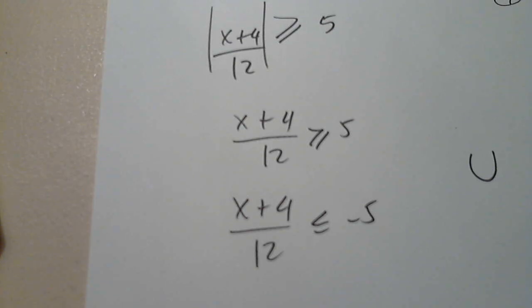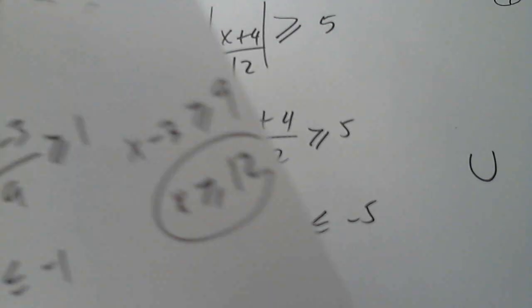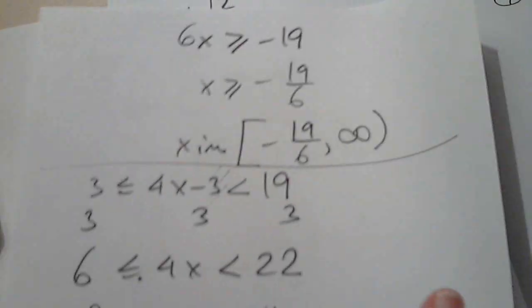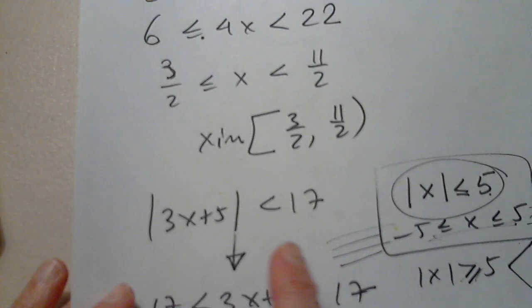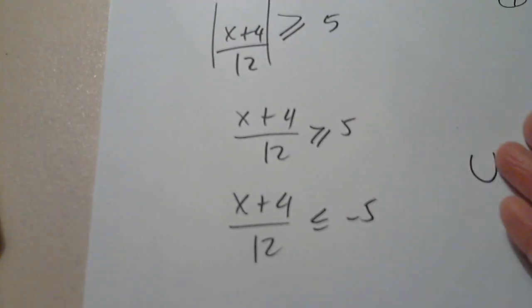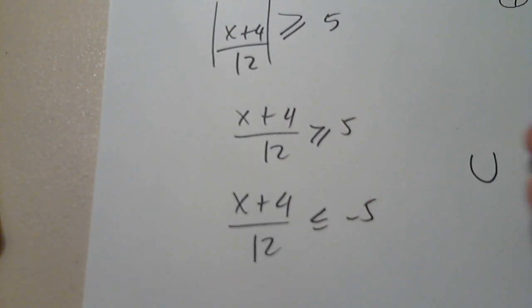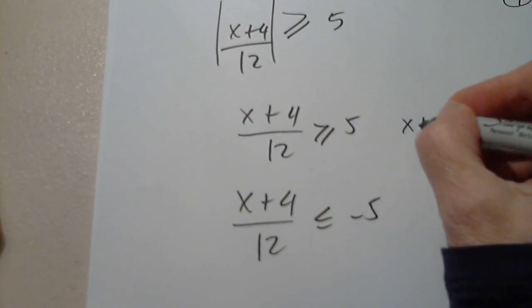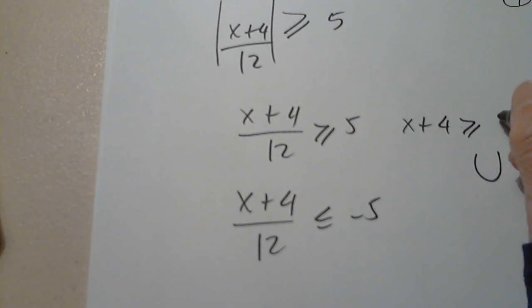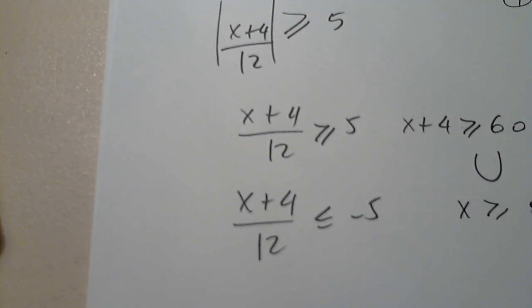There are only two different types. There is nothing more. Less is in between. Greater than is outside, to the right of 5 and to the left of -5. So this one is x plus 4 greater than or equal to 60, or x greater than or equal to 56.